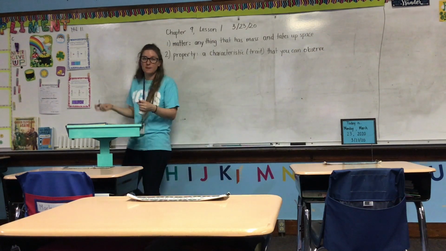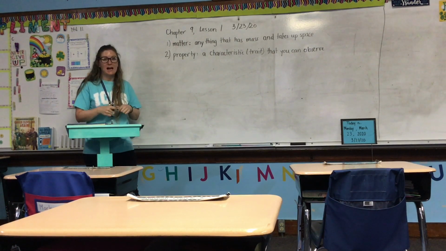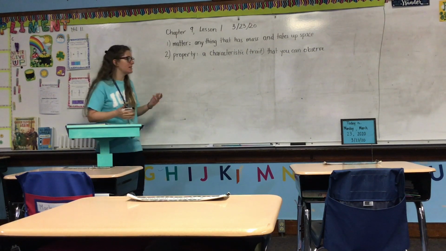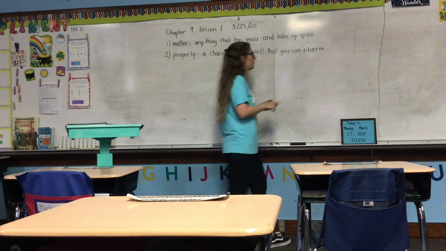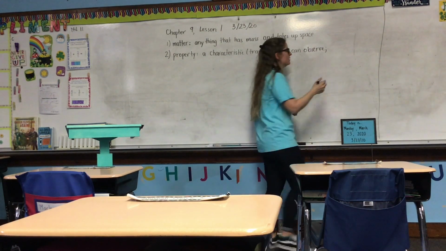And now we have some examples. Color, shape, and size are some properties of matter. So that's not everything, but those are some of the most basic. Let's add that to our definition. Let's put a semicolon, which means our definition continues.